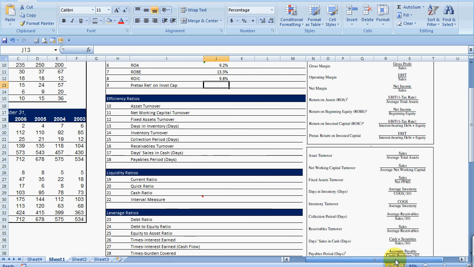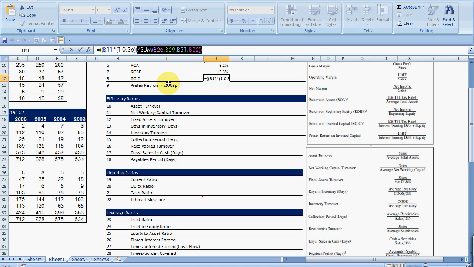And then we can move over to our final one, which is going to use the same denominator, right? Same denominator, that's the interest-bearing debt and equity. So again, we can cheat a little bit, and we will just copy this, the denominator portion, enter that in, right?